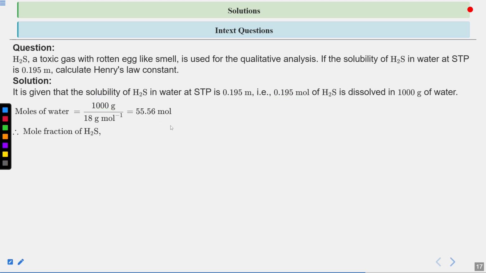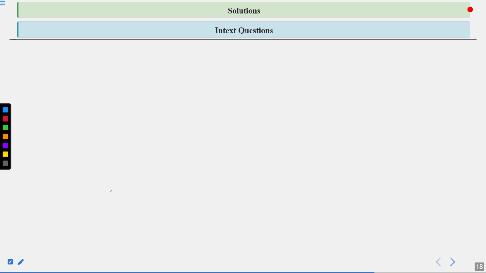Now, what is the mole fraction of H2S? We already have the moles of H2S and water, so we can put them in the equation of mole fraction. Putting this in will give you 0.0035. At STP, the pressure is 0.987 bar.